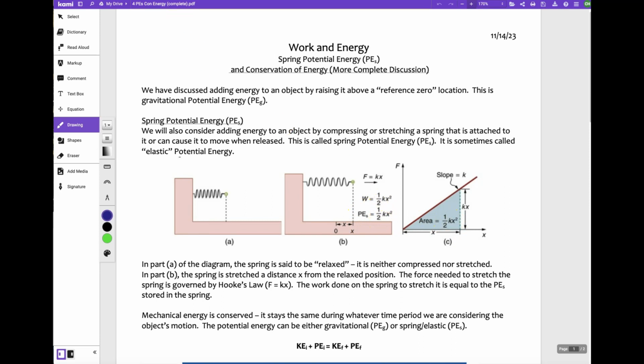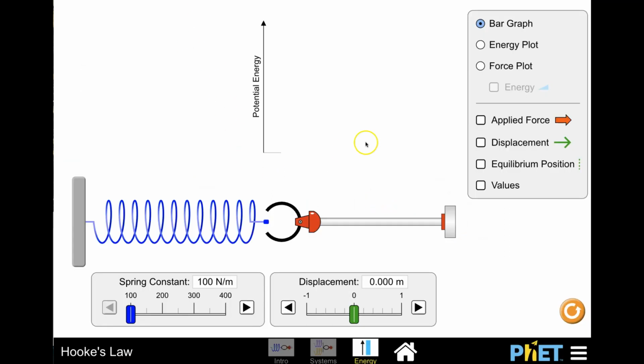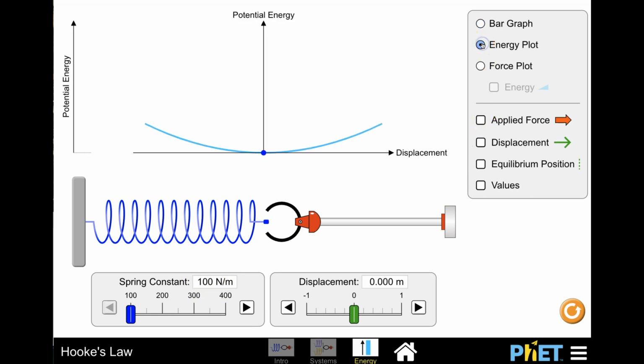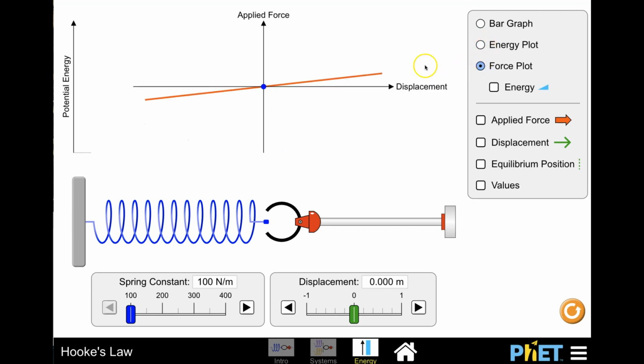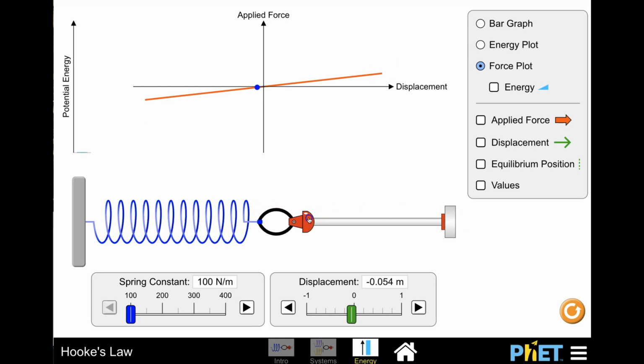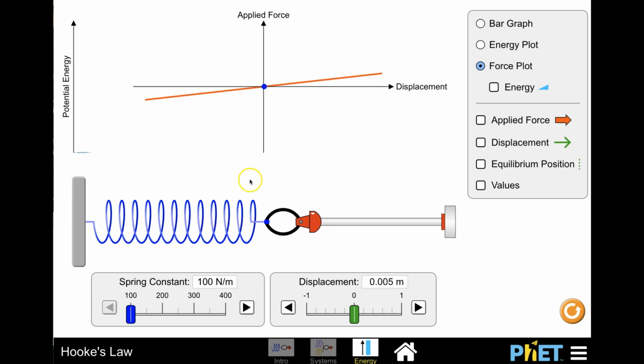So whenever you stretch anything like a spring, it takes work to do that. Notice that this spring constant is really small, so this might be like a slinky. The first thing I'm going to do is show you a force plot. If I take this little guy here and pull on this spring, I can plot the force versus how far I stretch it.